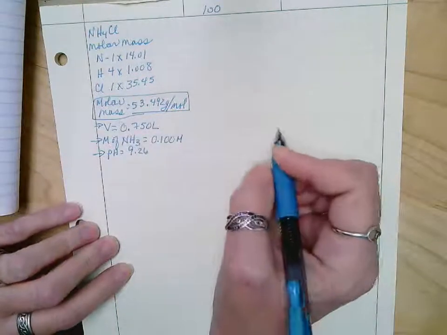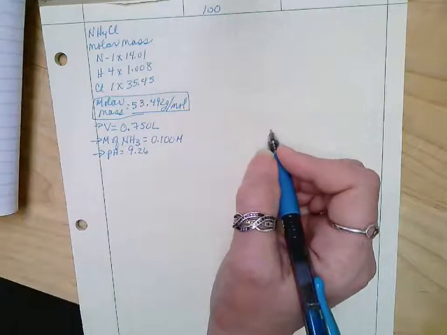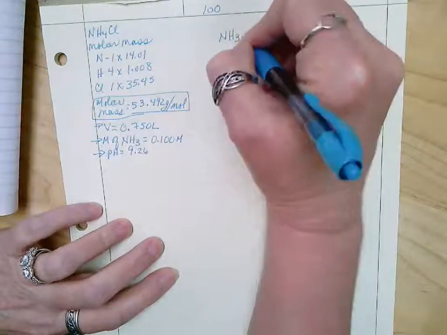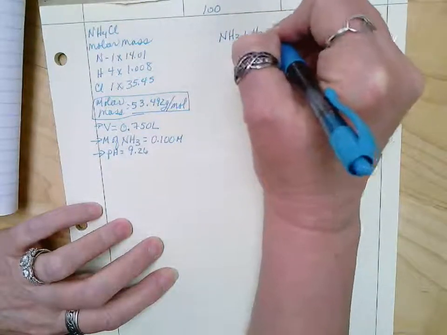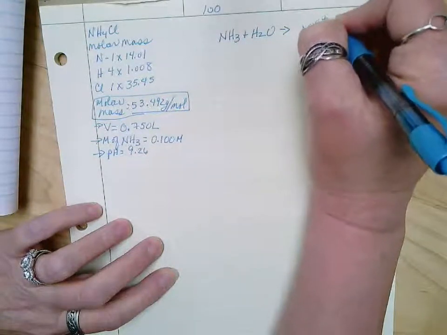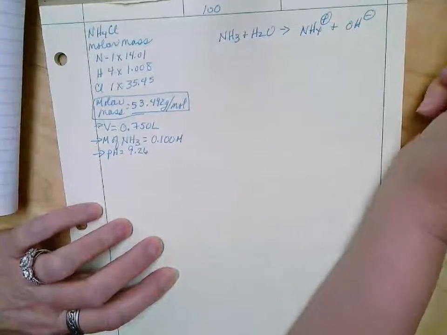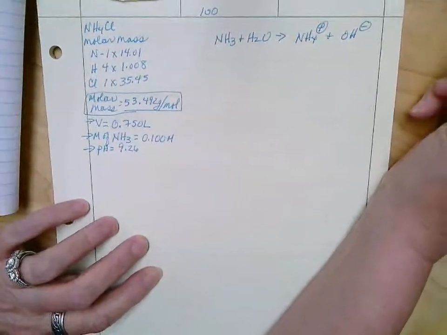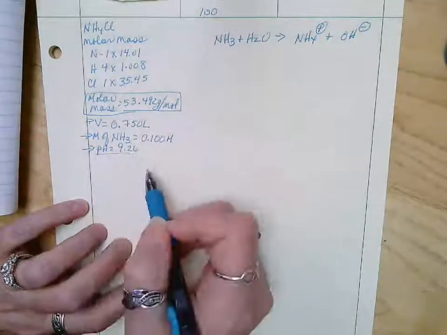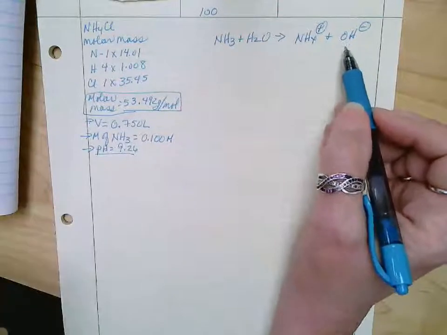So as with almost all buffer solutions, where do we start? RICE. So NH3 is going to react with water to give me NH4 plus and OH minus. Another thing I'm going to have to deal with is this pH, because I don't have hydrogen ions, I have hydroxides.